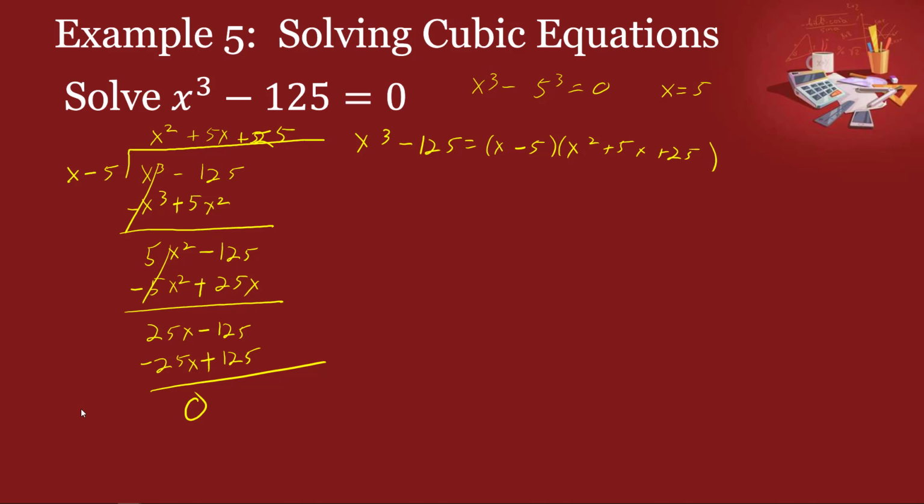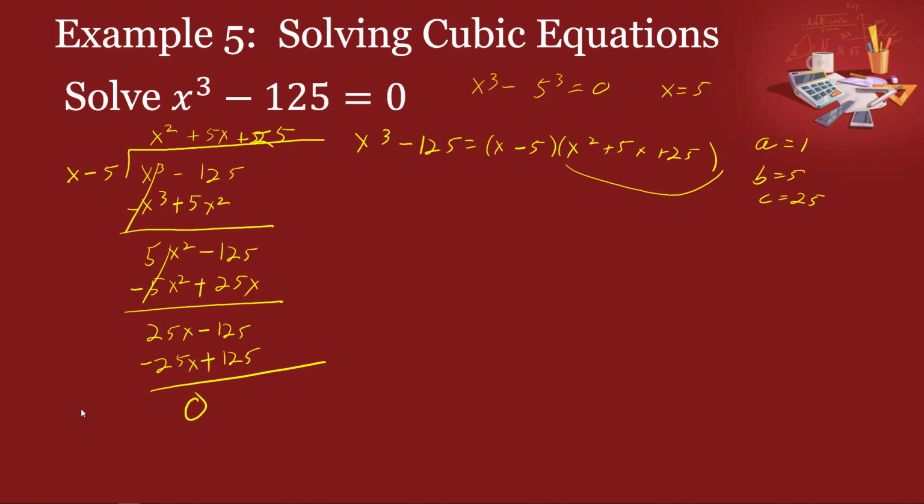Okay, so we need to figure out the solutions to this quadratic right here. Okay, but that's where the other two solutions would be. Now, this is not something that you can factor. This is something we're actually going to either complete the square or use the quadratic formula. So let's go ahead and use the quadratic formula. Here we have a = 1, b = 5, and c = 25.